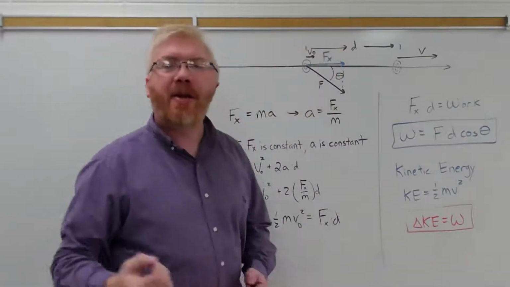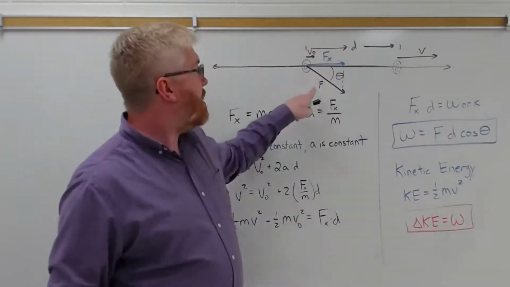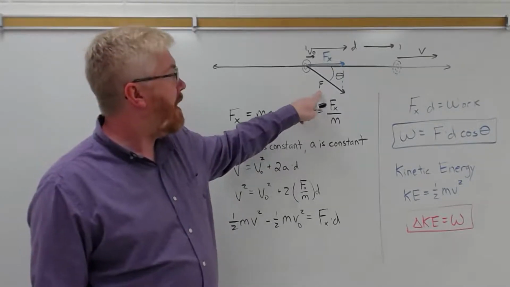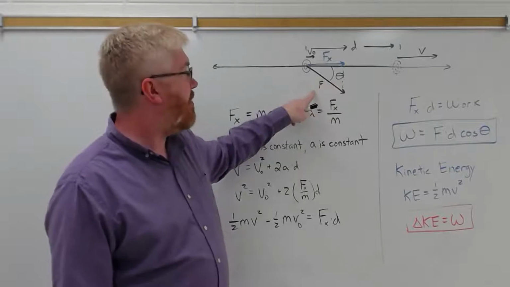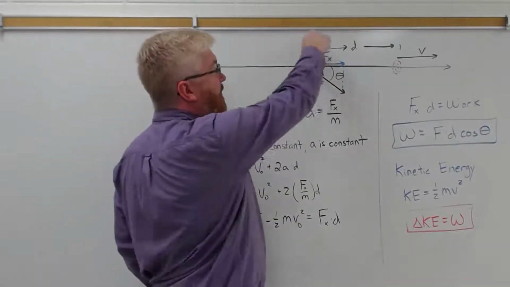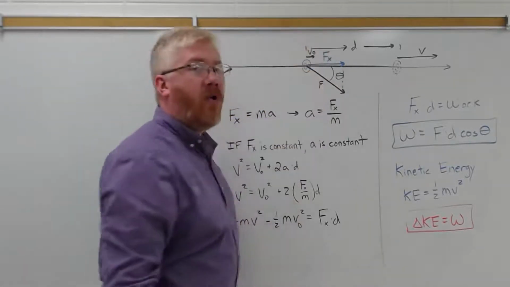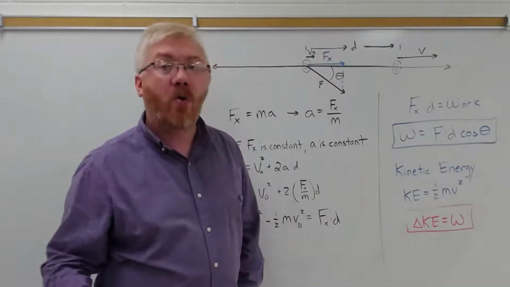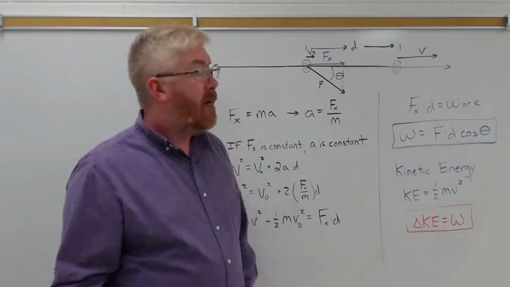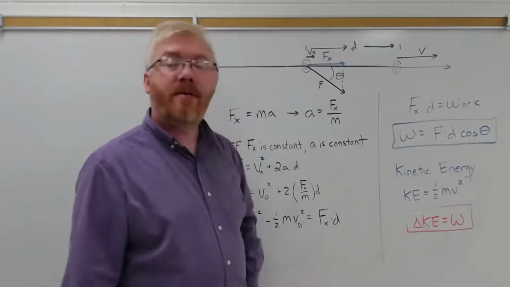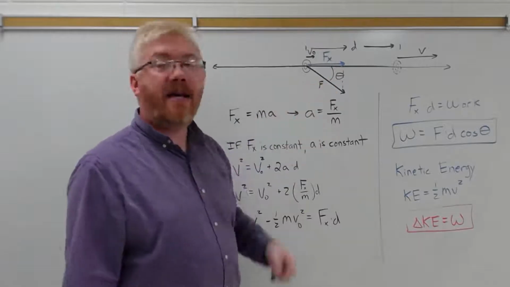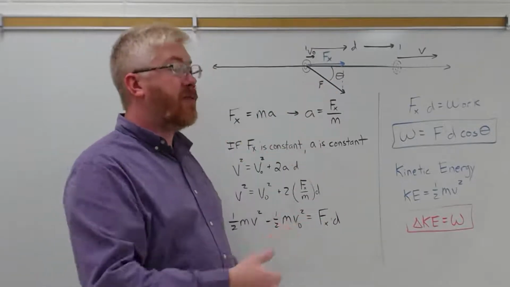But we want to make it more general than just F of x, right? Because it depends on the force F and the angle theta that force is applied at. If theta is directly down, if it's all in the y direction, then no x component of the force exists, therefore no work can be done. If F is just in the horizontal direction, it's just moving to the right, then theta is 0, and all of the force goes into doing the work.